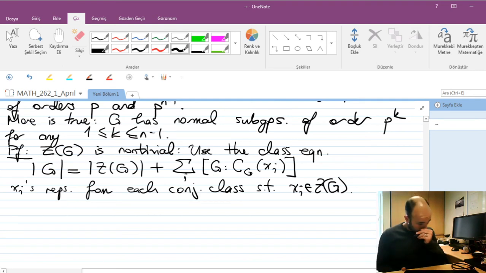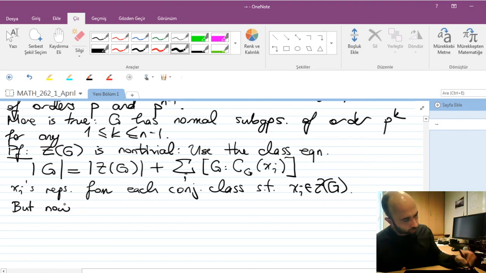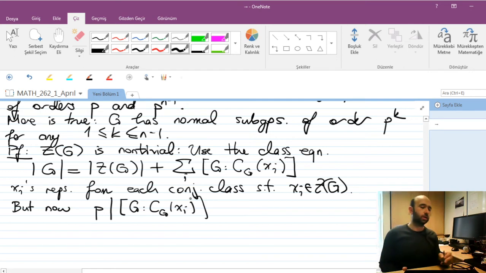So what does this imply? Here is where I use that G is a p-group. p divides each of these indices because the centralizers are proper subgroups if x_i is not in the center.